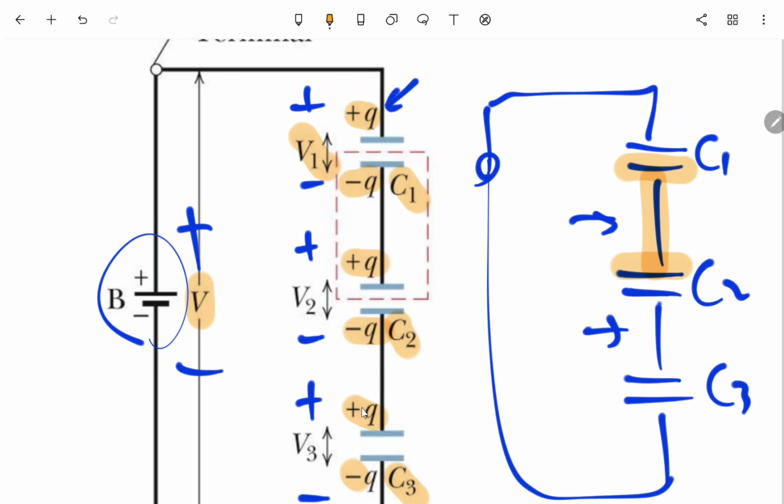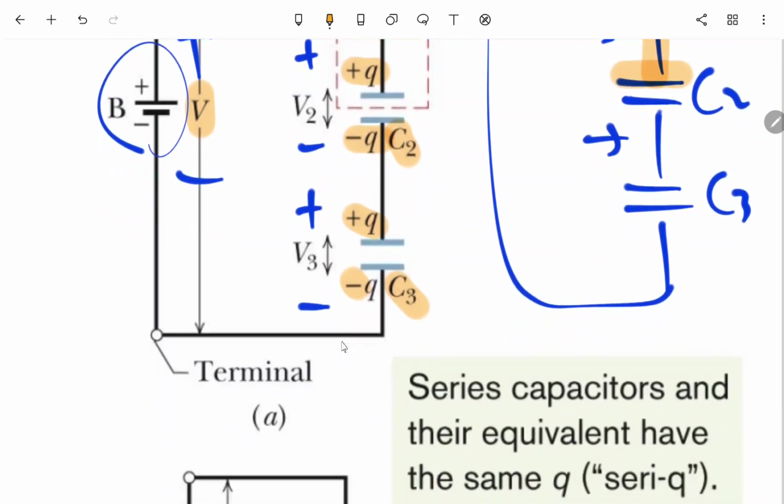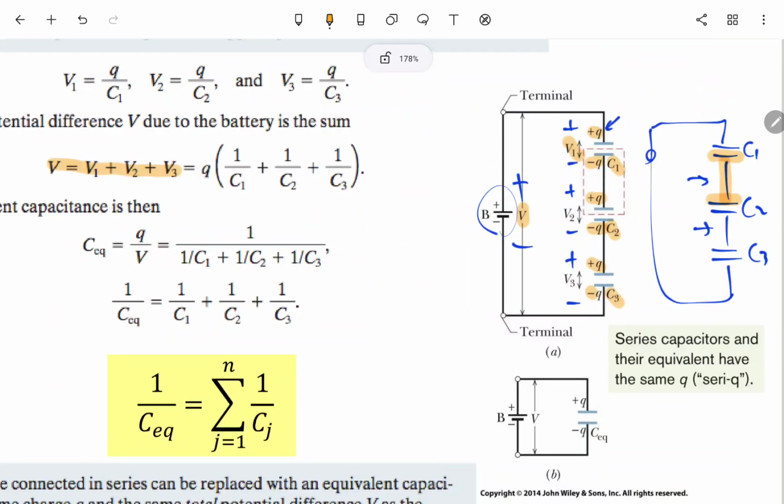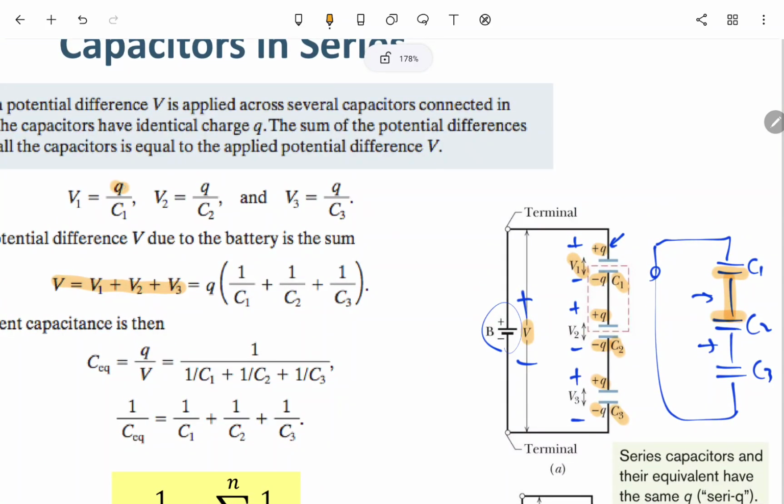So negative Q here, positive Q here, and similarly this is a capacitor, positive Q, negative Q. Which means we have the shared variable Q for the three capacitors. So V1 is Q over C1, V2 is Q over C2, and V3 is Q over C3. Shared variable of Q.